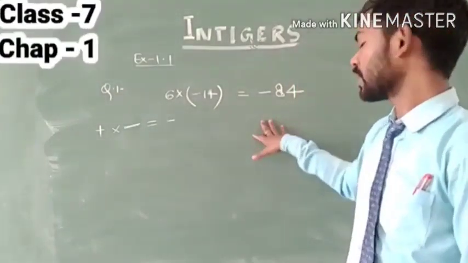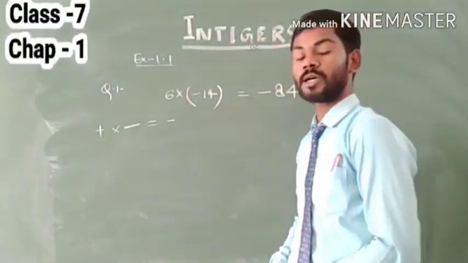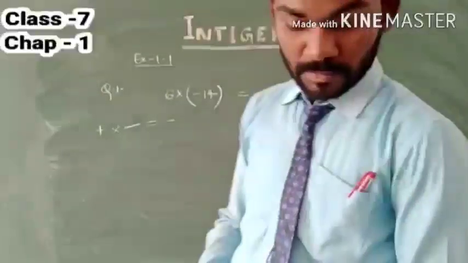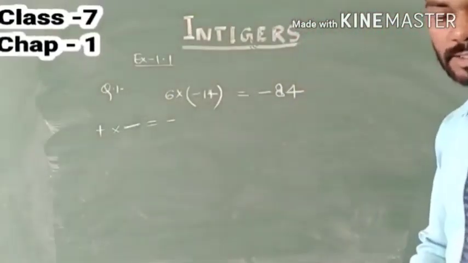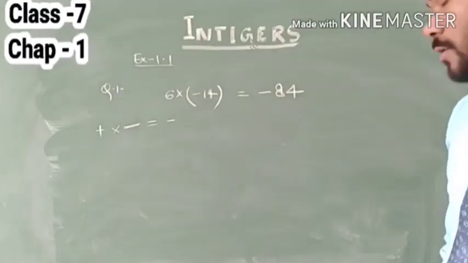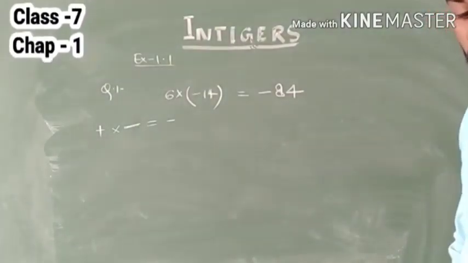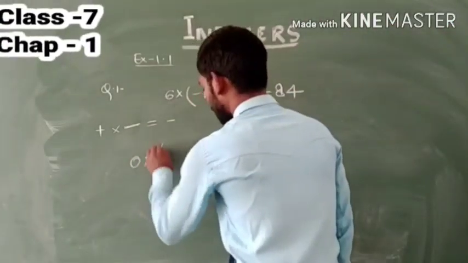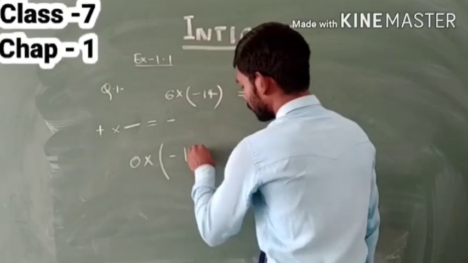In this way, you have to solve the other questions of this section. Now let us see one more question, based on the zero property. The question is 0 multiplied by minus 10.